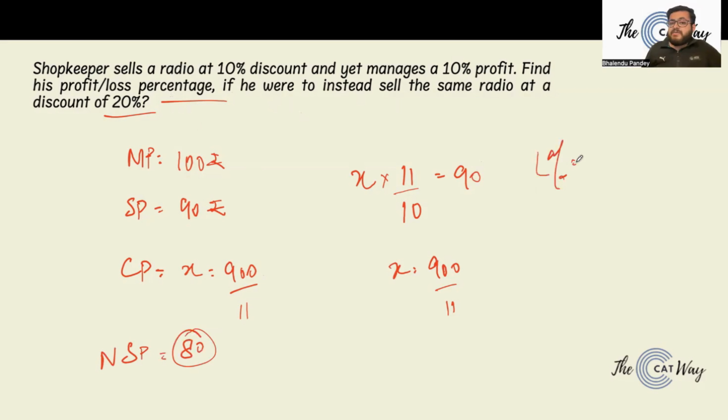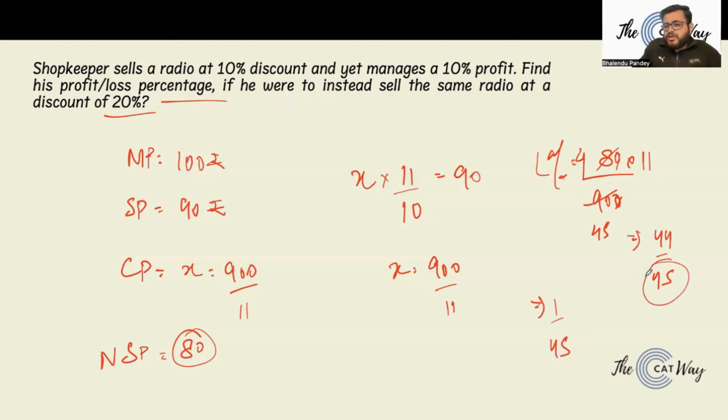And loss percentage is given by SP by CP. SP is this, CP is 900 by 11. So this goes here, this goes here. 0 and 0 is gone. This goes 4 times, this goes 45 times. Right? This becomes 44 divided by 45. So what loss do we see? 1 divided by 45 loss, because 45 is the original value, 44 is the final value.